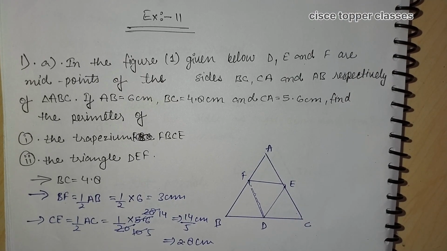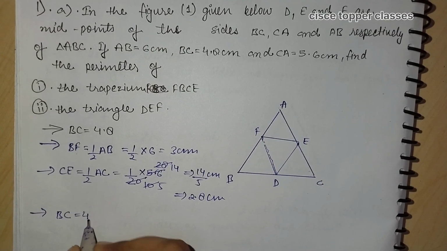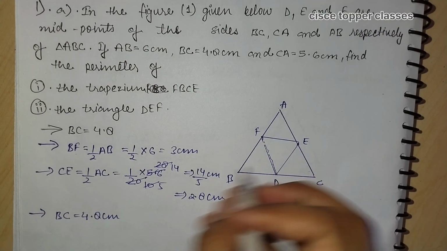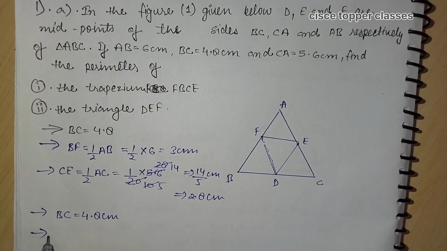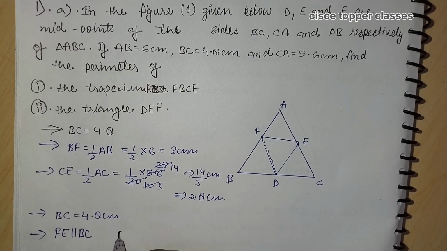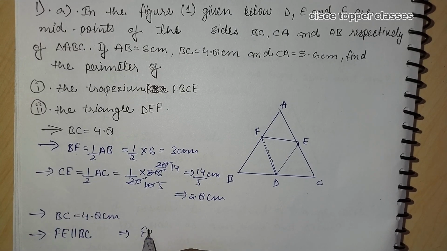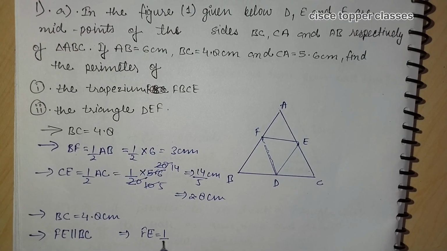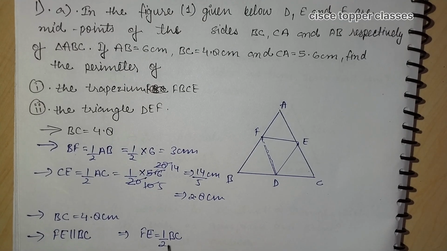Now the third thing here is we have BC equal to 4.8 centimeter, and because FE and BC are parallel, we can simply write FE is equal to half of BC according to the theorem.